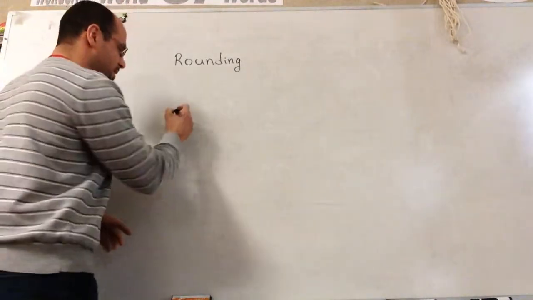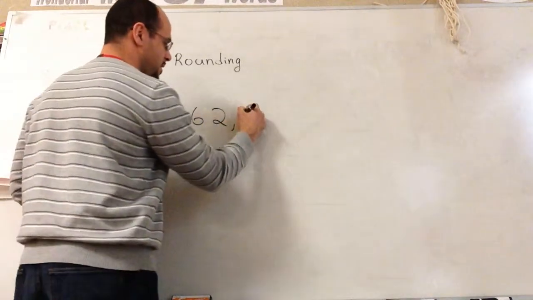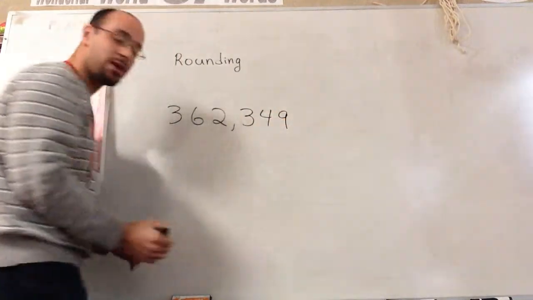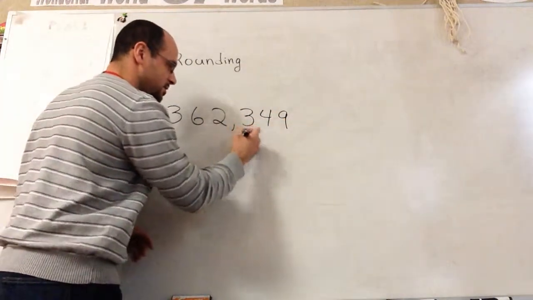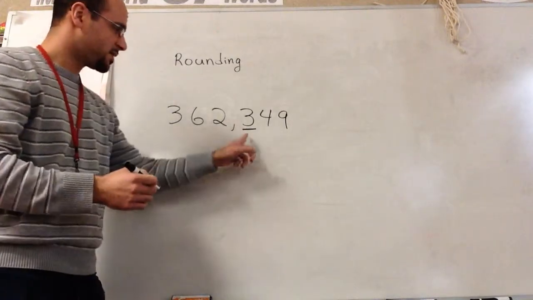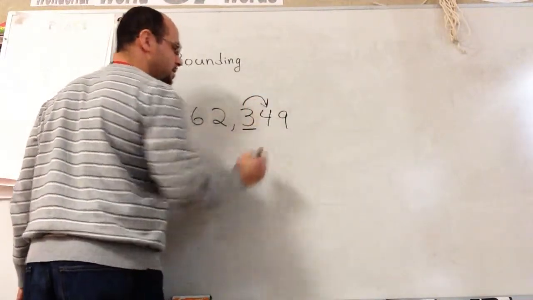Ready? Let's do 362,349. And let's go to the hundreds this time. So now we're really stuck in the middle there. So let's see our rule. Again, number 1 is underline the house that you want. Then check with your neighbor.